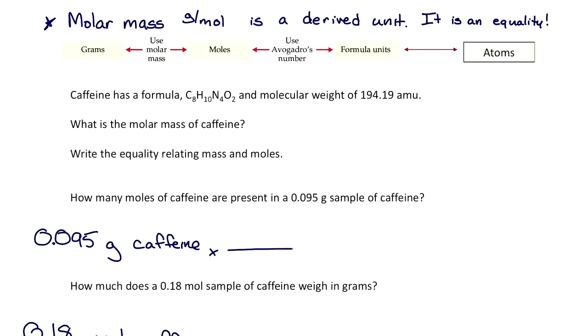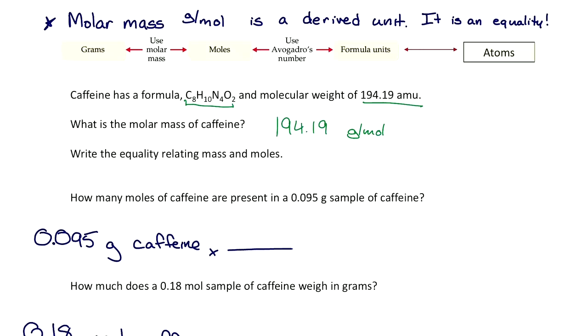So let's look at this example. Caffeine has this formula. We could go ahead and calculate the molar mass, but we don't have to, because I tell you that the molecular weight is 194 AMU. So what's the molar mass of caffeine? 194.19, but what's the unit? Grams per mole. So let's rewrite that as a useful equality for us.